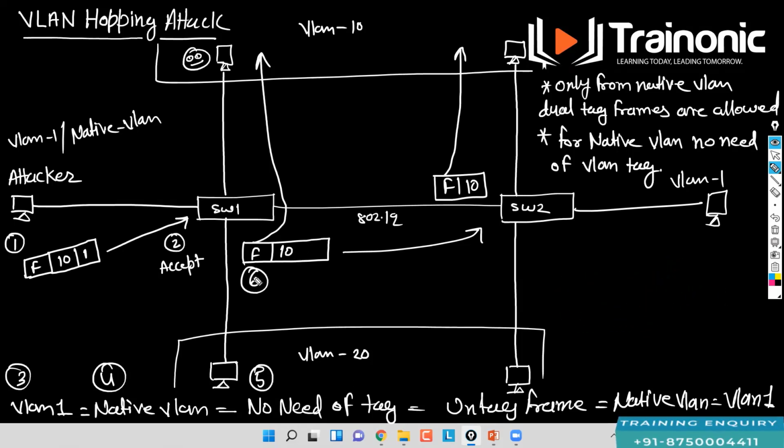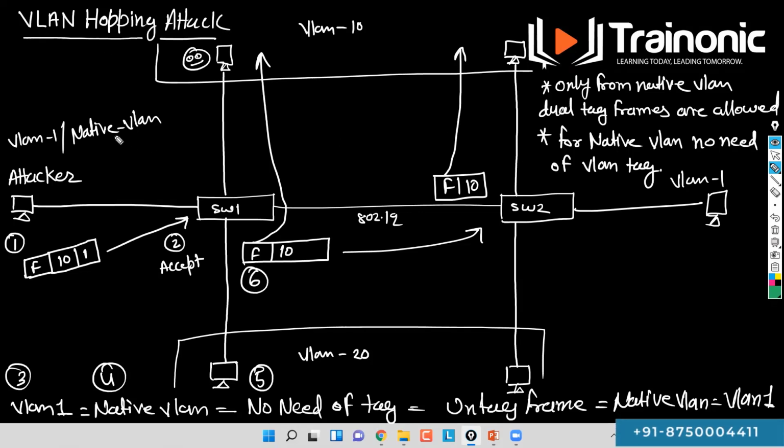Now the tag is 10, and based on tag 10 the frame will be forwarded into VLAN 10. This condition is called a VLAN hopping attack.